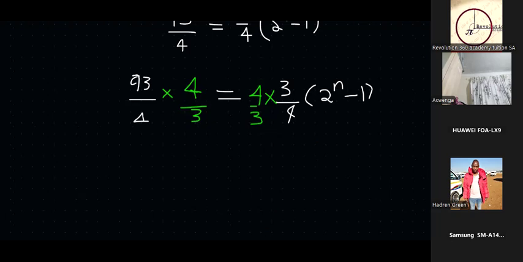So from here, 4 cancels 4, 3 cancels 3. On the left side you are left with 2 to the exponent of n minus 1. And then 4 cancels 4, and here you're left with 93/3.